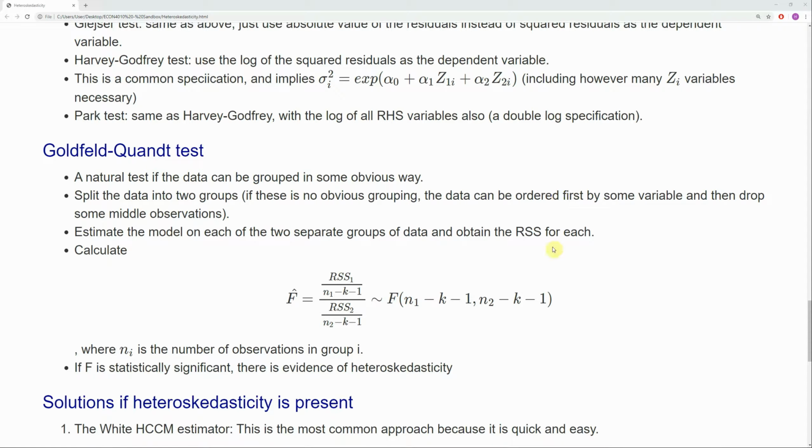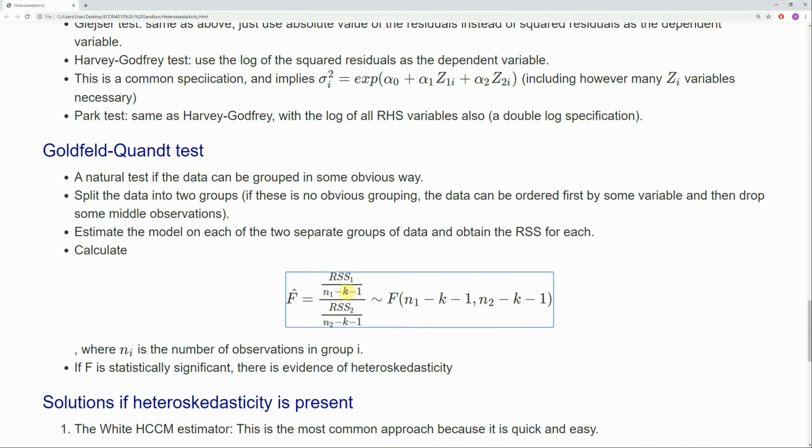And then what you do, you separate your data between those 2 groups and run your linear model, and calculate the residual sum of squares for both your models. You have a different number of observations, perhaps, in your models, N1, N2.